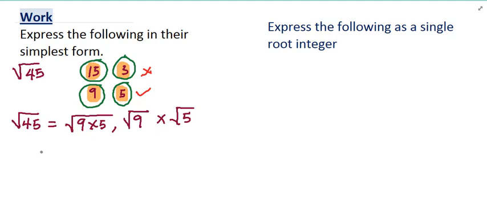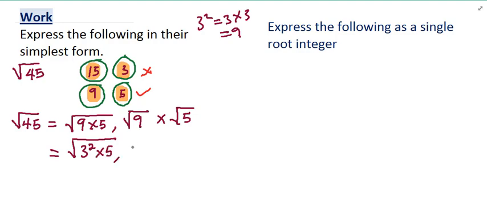If you're using this format, you have 3 raised to the power 2, which is 9, right? 3 raised to the power 2 simply means 3 times 3, and that still gives us 9. So we're still doing the same thing, multiplied by 5.